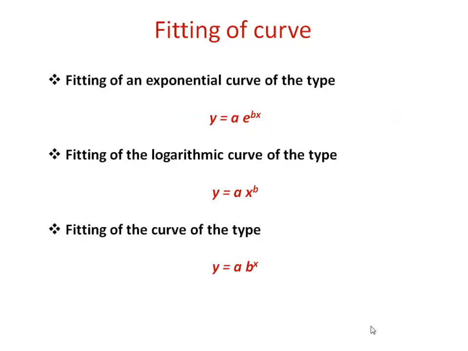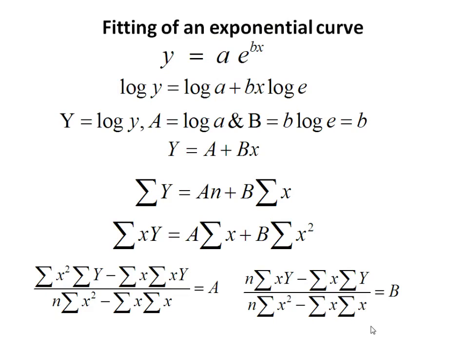Today, we are going to see the programs for fitting of an exponential curve of the type y is equal to a into e to the power bx, then fitting of the logarithmic curve of the type y is equal to a into x raised to b, and fitting of the curve of the type y is equal to a into b raised to x to the given experimental data. First, fitting of an exponential curve of the type y is equal to a into e to the power bx.